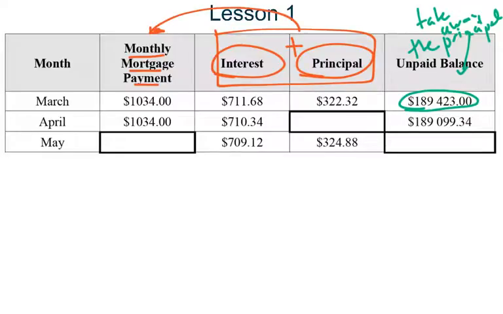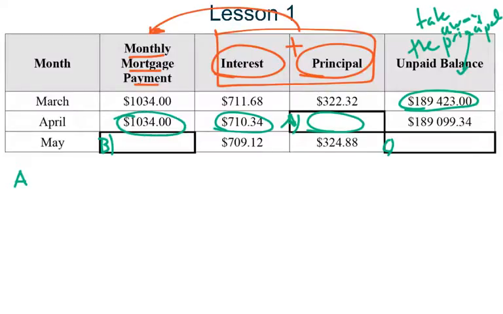So according to that, we now have to complete the three different tables here. Let's do A, B, and C. For A, I'm missing the principal. Well, what do I know though? I know that interest and principal together should give me the monthly payment.